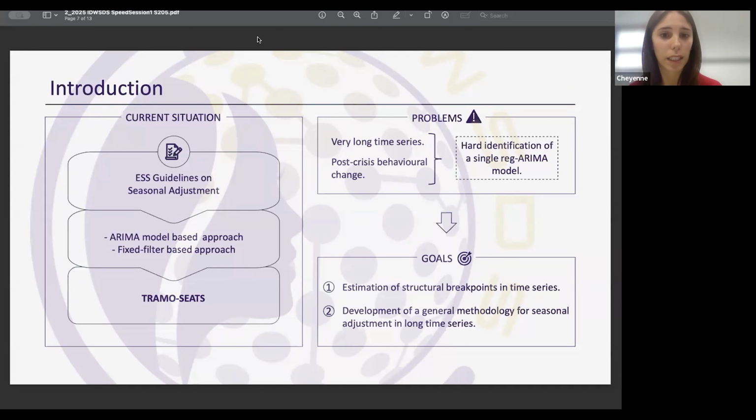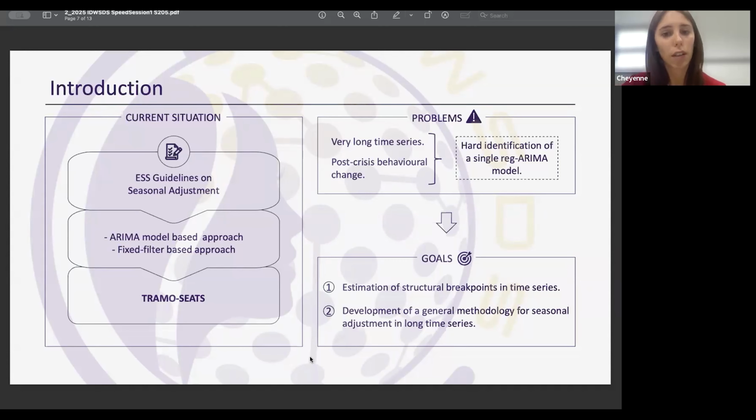Currently, at the Spanish Statistical Office, the methodology used is TRAMO-SEATS, an ARIMA model-based approach, which consists of two main stages. First, a RegARIMA model is fitted to the data to remove outliers and to account for calendar effects. And in the second stage, the signal is extracted using Wiener-Kolmogorov filtering.